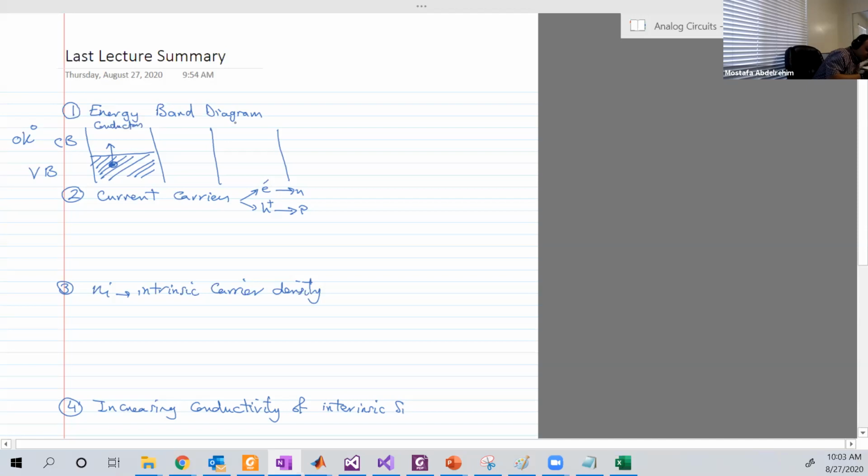For semiconductors, we have also the valence band, which is completely filled at 0 Kelvin. We have also the conduction band, which is absolutely free or empty at 0 Kelvin. But in between there is an energy gap.